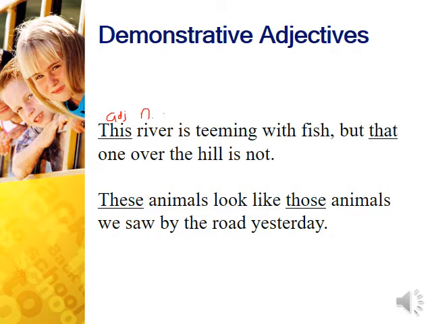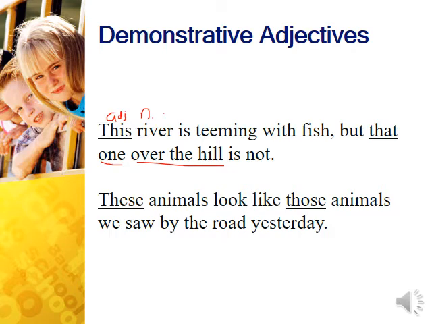This river is teeming with fish, but that one over the hill is not. Of course, over the hill means that it's something far, and that here refers to a singular one, because the word one is the noun that this adjective modifies.